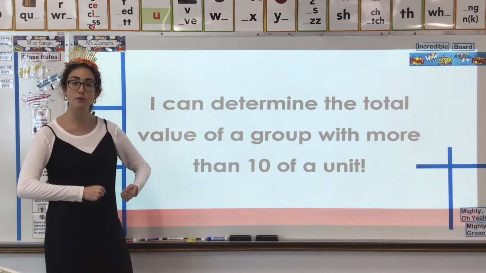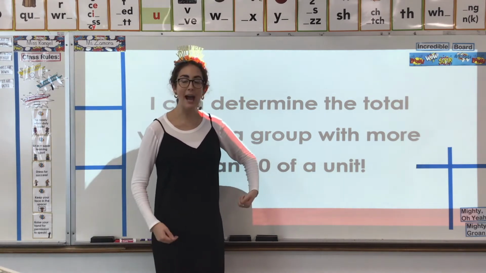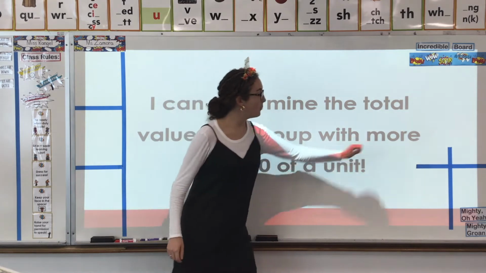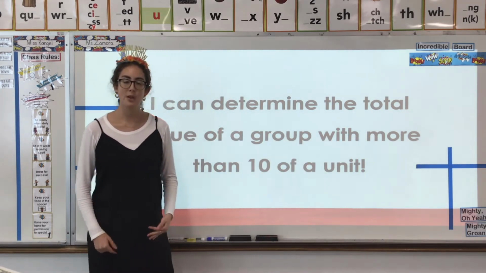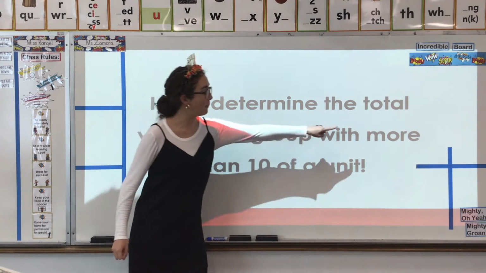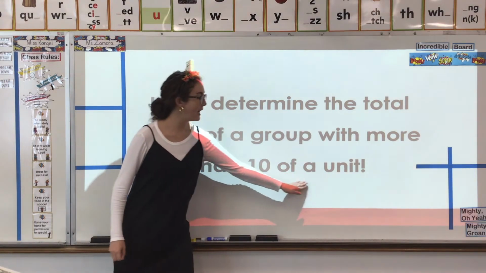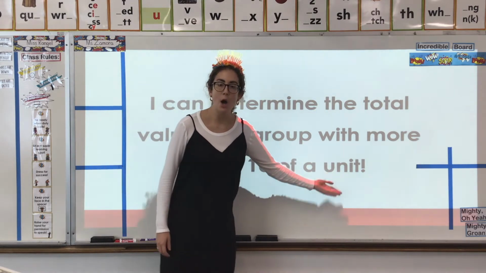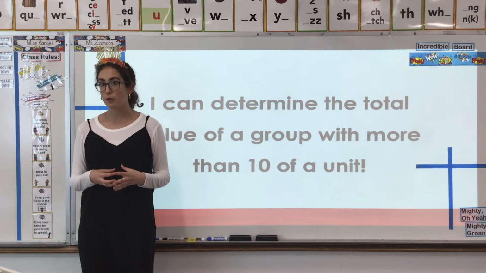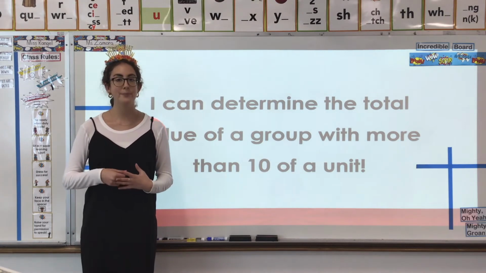And in this group, it's going to have numbers with more than 10 of a unit. So we're going to have groups that have more than 10 of a unit. Remember, units are the different sized groups that are in a number.